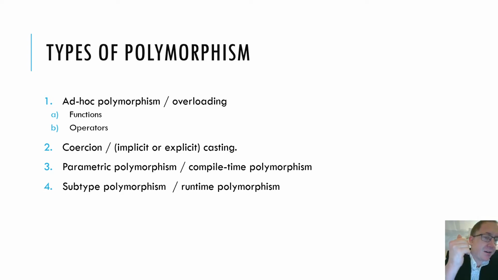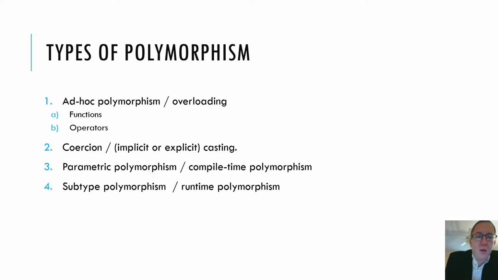The string class, if I pass in a C string, like a character array, to a string and I'm appending it, it works. If I pass in a string object, it works. They're two radically different things. Yet, you just think when I call append and I pass in some kind of string, either a C string or a normal string, it just works. That's ad hoc polymorphism. And which function gets called depends on the input parameters.